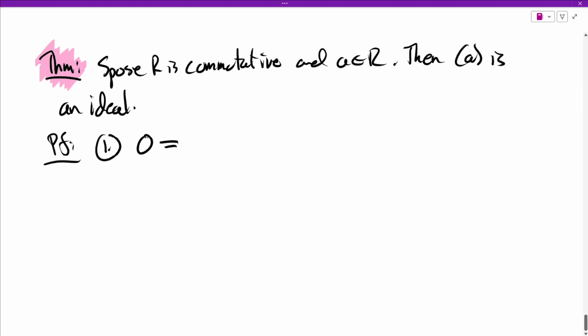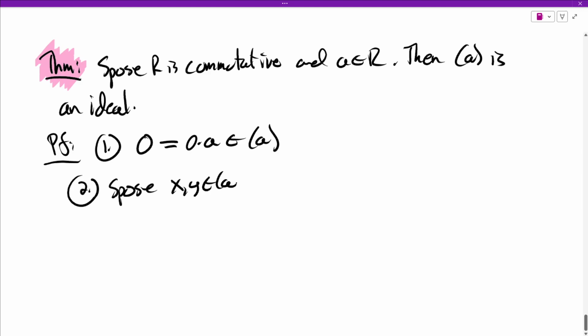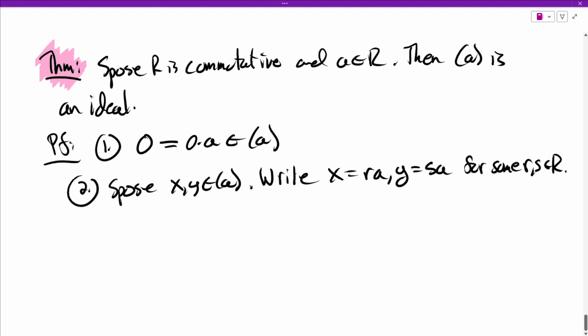Is 0 a multiple of A? Yeah, it's 0 times A. Cool. So 0 is in the ideal. Great. Second, suppose you have two elements in your ideal. We can write x equals, I guess we're doing multiples of R on the left, rA, y equals sA for some r, s in R. So what does it mean to be in the ideal generated by A?